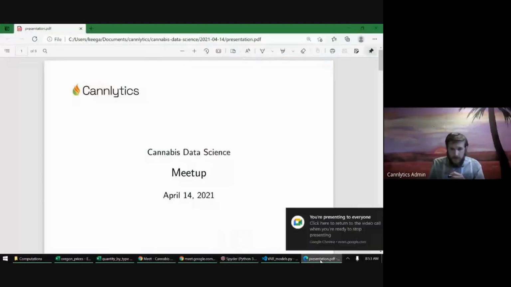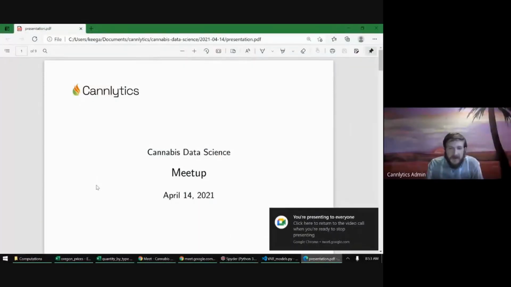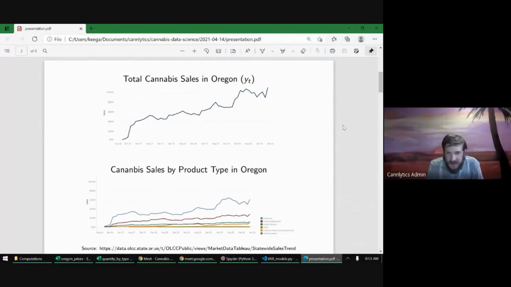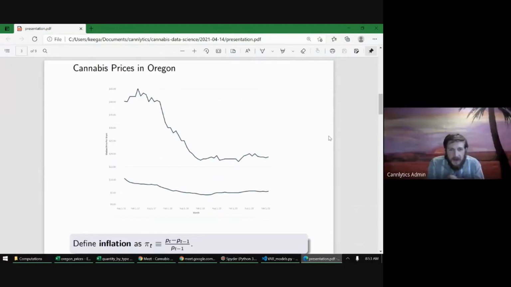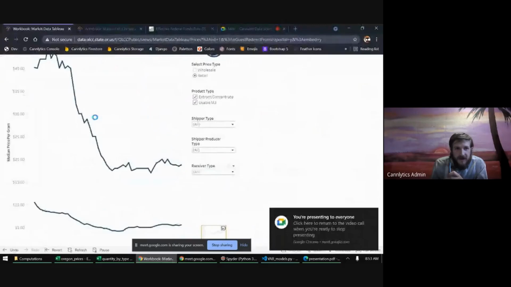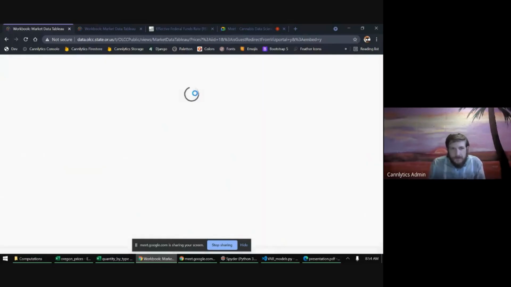So essentially, here's just total sales in Oregon, and if you want to find it directly online, Oregon has an all-right data dashboard here.